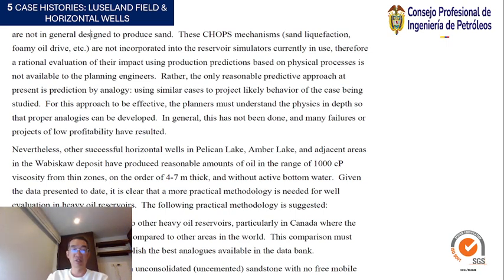Carry out a comparison to other heavy oil reservoirs, particularly in Canada, where the knowledge base is vast compared to other areas in the world. This comparison must seek to identify and establish the best analogies available in the data bank.